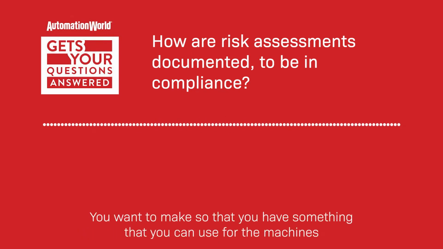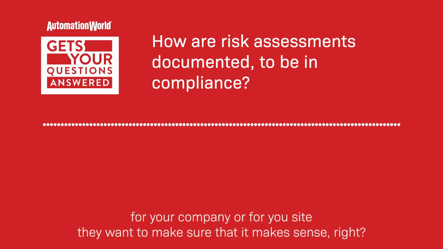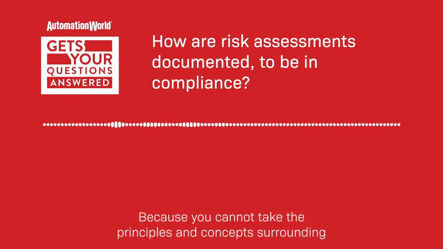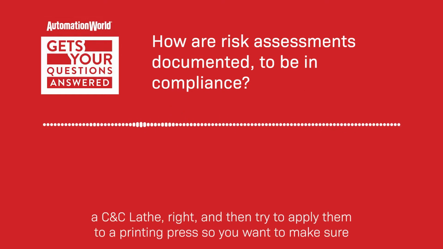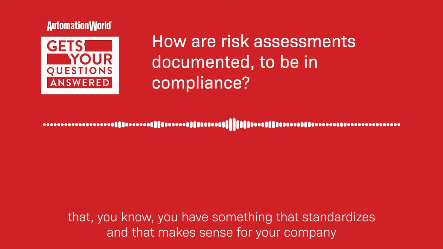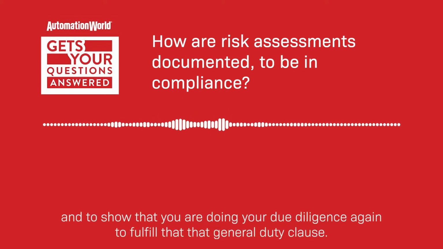You want to make sure that it makes sense, because you cannot take the principles and concepts surrounding a CNC lathe and then try to apply them to a printing press, right? So you want something that standardizes and makes sense for your company, and to show that you are doing your due diligence to fulfill that general duty clause.